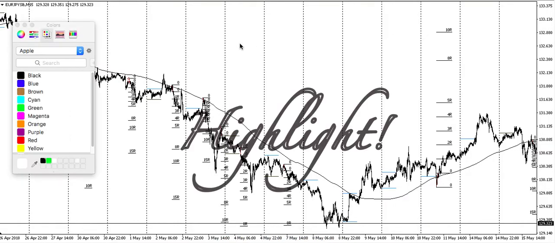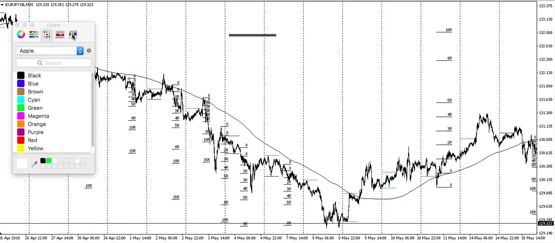One of my favorites is: at 5R I move to break even, at 8R I lock in 5R, and then at 10R I trail tightly behind the swing points. So you get a blend of 5R to 15R winners.